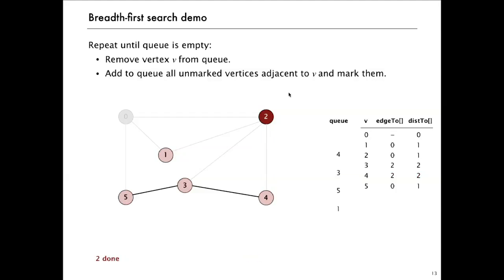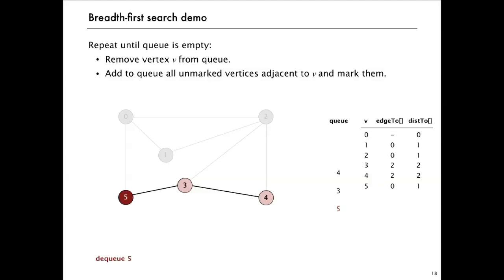Now we have 1, 5, 3, and 4 all in the queue, and we're going to process them. Since we've marked everything, all we're going to be doing now is checking vertices that are marked. For 1, we check 0, and that's marked, and we check 2, and that's marked. So then we're done with 1.